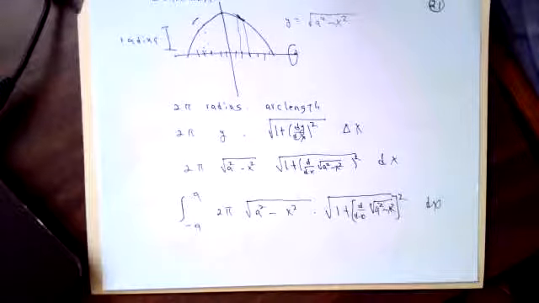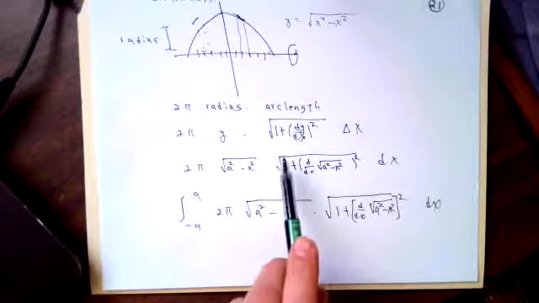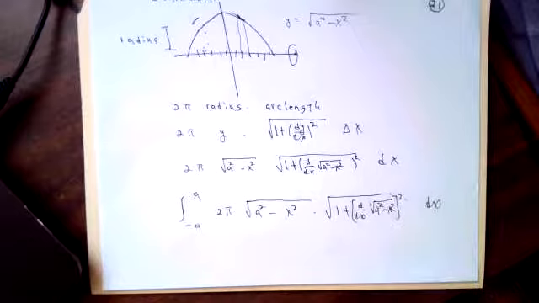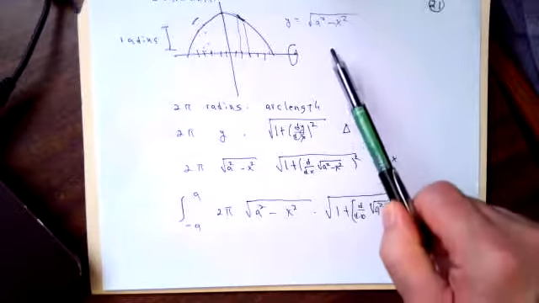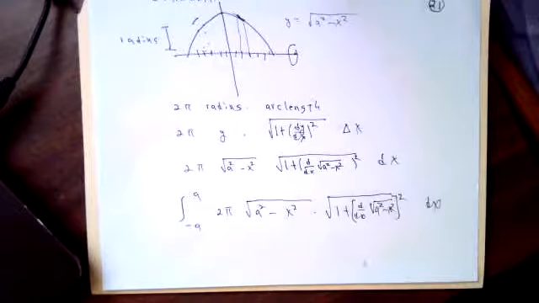The radius, as before, is going to be the y-coordinate. The arc length is this radical quantity times delta x. Then you have to add up all these things and take the limit. Also, we know that y is equal to radical a squared minus x squared.